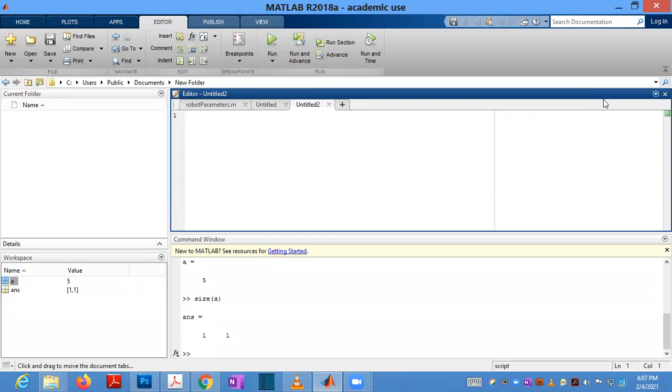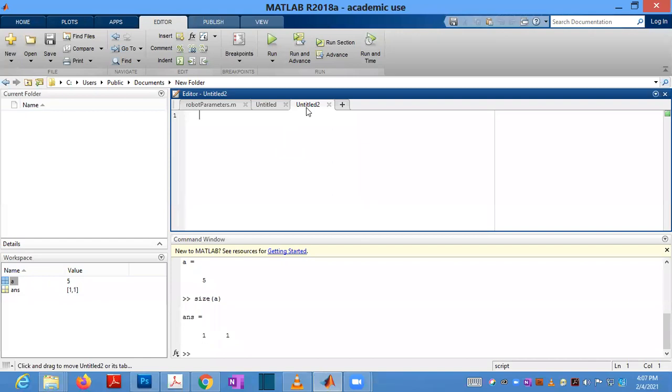If you have any other text editor, you can use it to modify this. If you are using MATLAB, the extension is directly .m. Now this is created as untitled 2. You can save it under some other name, and whatever name you enter will appear here.